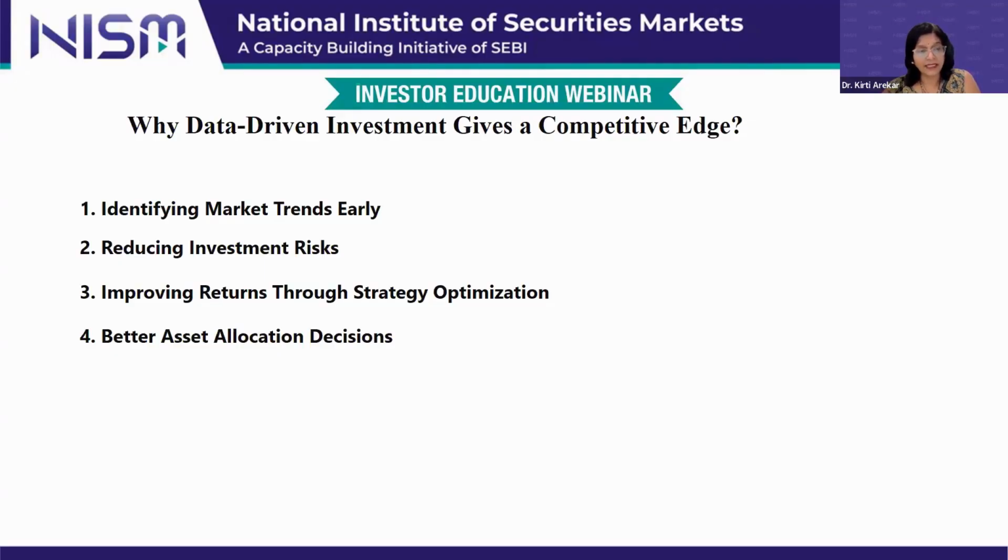The fourth part is better asset allocation decisions. Asset allocation is for investment purposes. Investors want to check, suppose I have X amount of money and I want to invest in different asset classes, how will I build the portfolio?